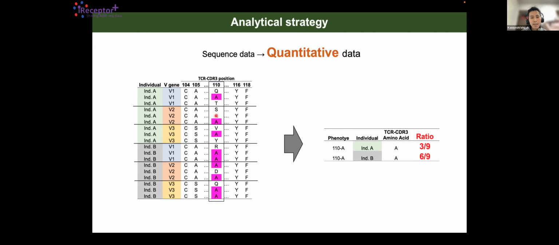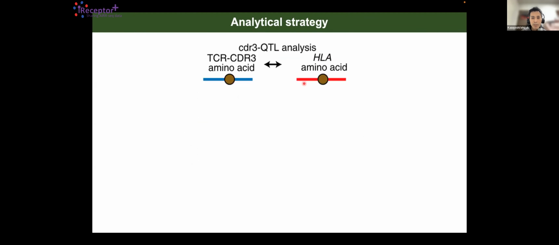For example, in individual A, the alanine usage at this position is 3 out of 9, and for this individual, 6 out of 9. Using this type of simple calculation, we can convert sequence data into simple quantitative data. After that, we can easily ask about the association between TCR CDR3 amino acid composition and HLA amino acid alleles.